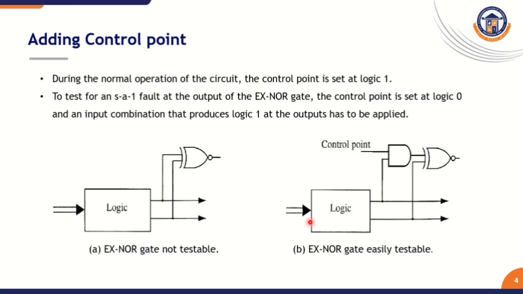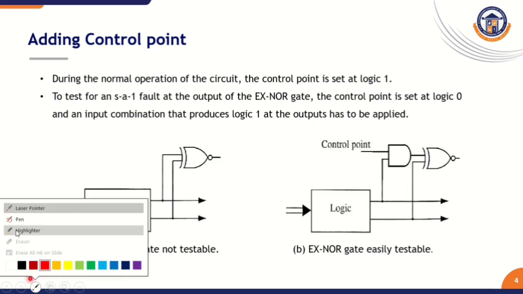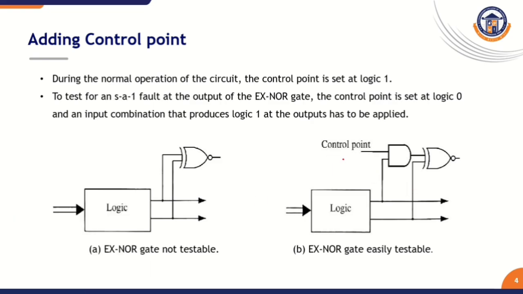Let us understand this using an XNOR gate example. In part A, the XNOR gate is not testable because its internal conditions are difficult to control. In part B, after adding a control point, the XNOR gate becomes easily testable. During normal operation, the control point value is set to logic 1.